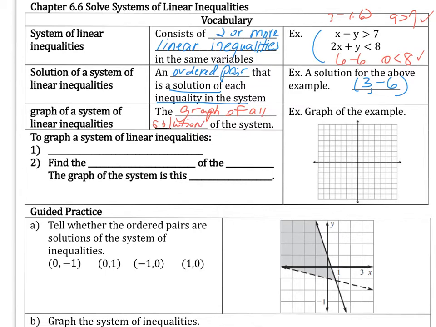So to graph a system of linear inequalities, you need to graph each inequality, and then you need to find the intersection of the half planes. So the graph of the system is this intersection here. I'm going to show you an example right now.